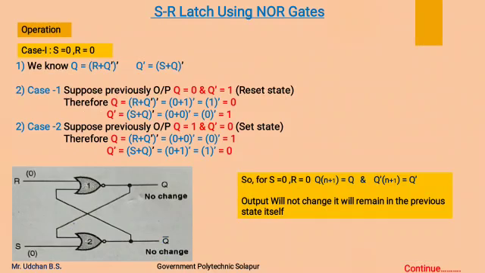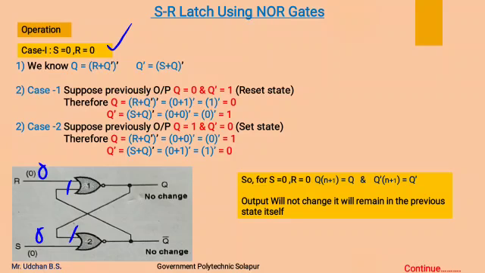As the latch is having two inputs, there can be four possible combinations: 00, 01, 10, 11. We will see the four cases one by one. In this first case, S is 0 and R is 0. So unless and until we know the second input of both these NOR gates, we cannot predict the output of the circuit.